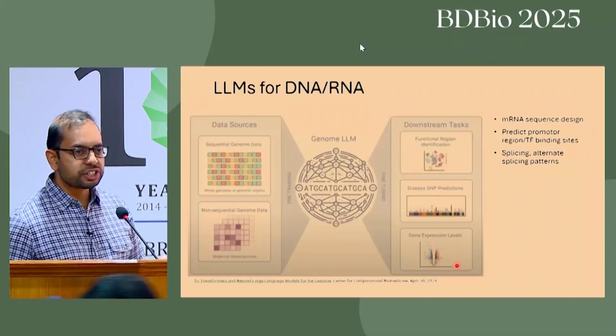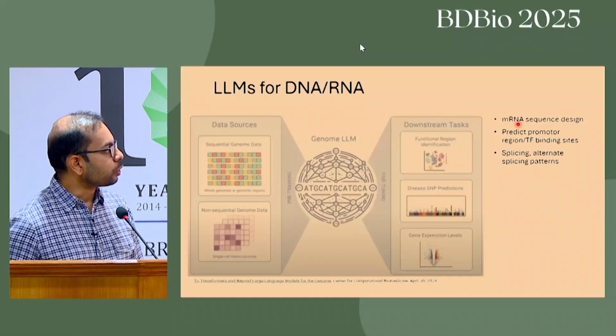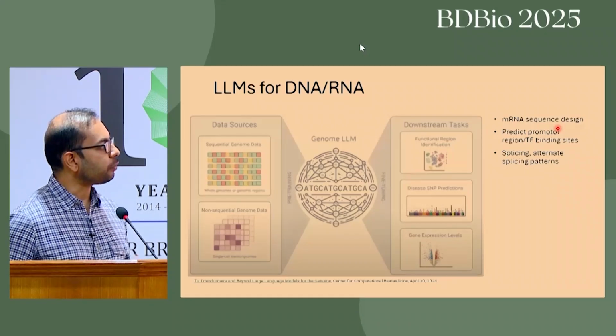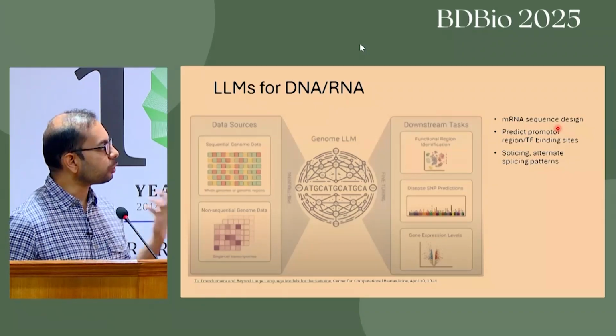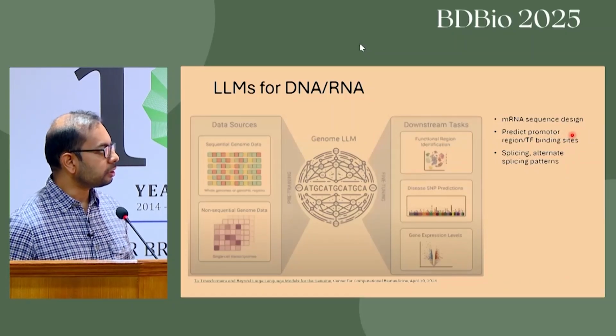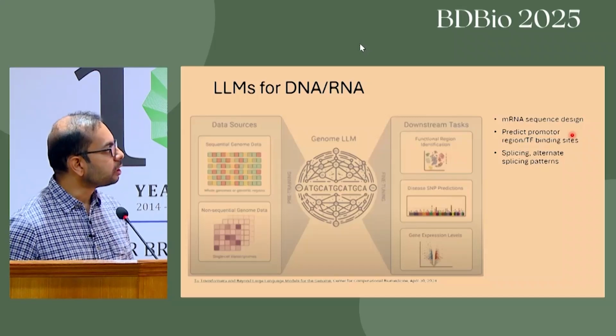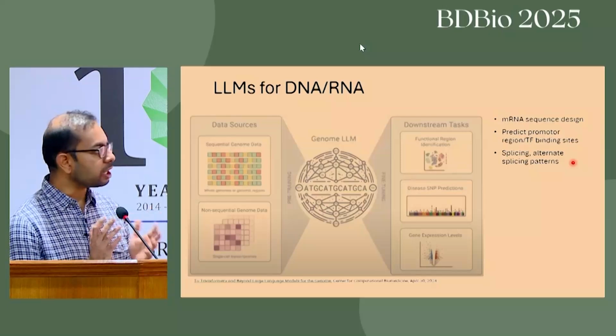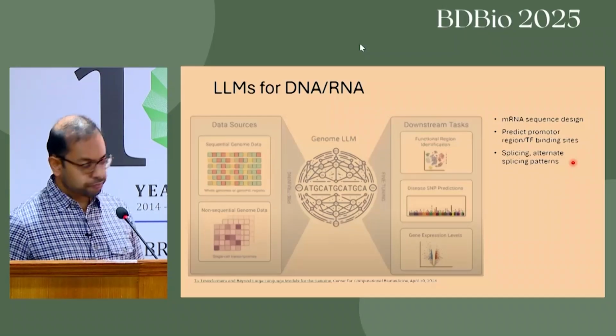You can predict what genes would be expressed. You can even do mRNA sequence design. You can say that I want an mRNA which has these kinds of properties, and you can do a design like that. You can predict the promoter or transcription factor binding sites for a gene. You can maybe predict what the splicing or alternate splicing patterns are.